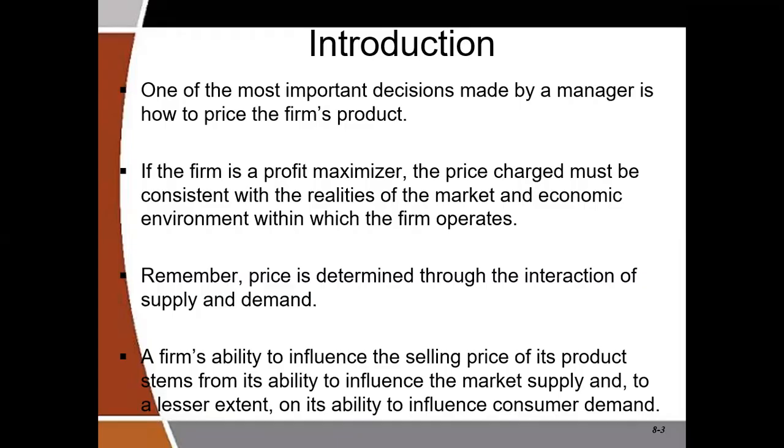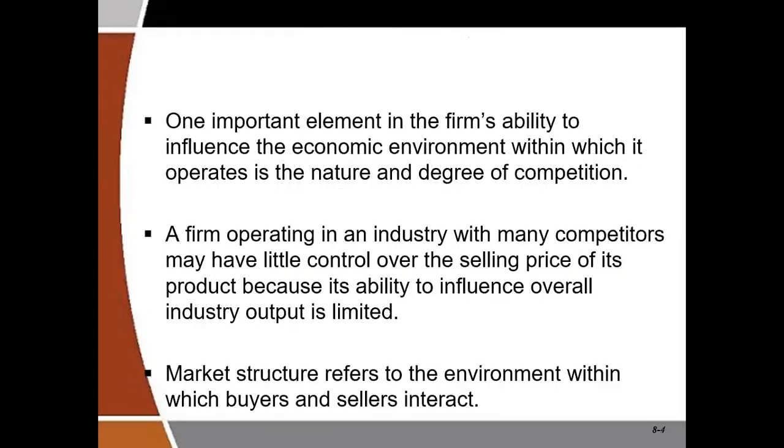Since prices are determined by demand and supply, if the firm alters its output, it can affect prices. So in essence, the economic environment in which demand and supply interact can affect the determination of prices.